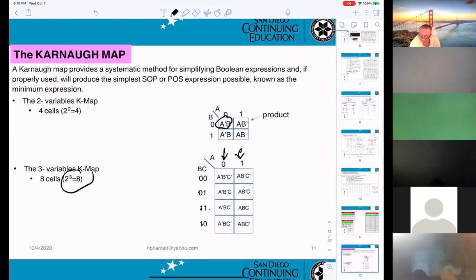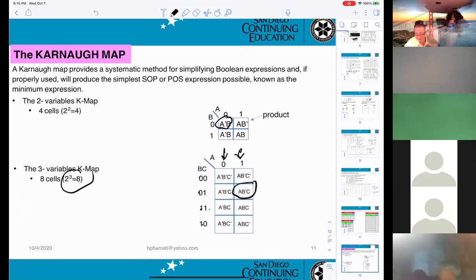So what is the product for this cell here? On that cell, what is A? A equals 1, right? Yes. So A. What is B? 0. Not B. C equals 1.